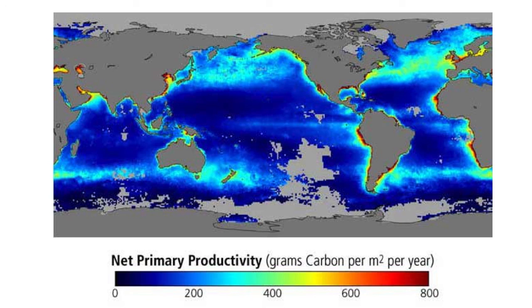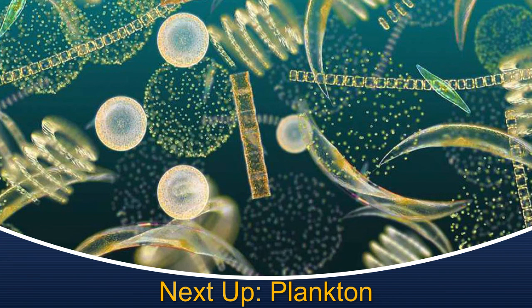Why? Why do you think that is? We'll get to it in a future lecture, but for now, we want to start our tour through the types of nearshore environments and the groups of organisms found in marine systems. So what is next up? Next up is plankton. I'm excited about this one.